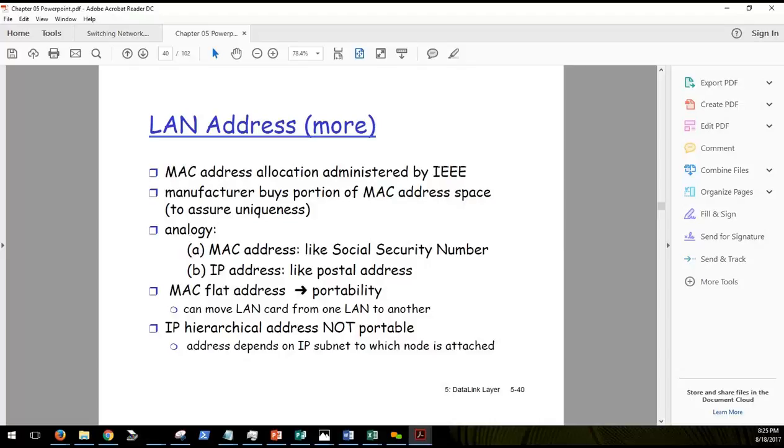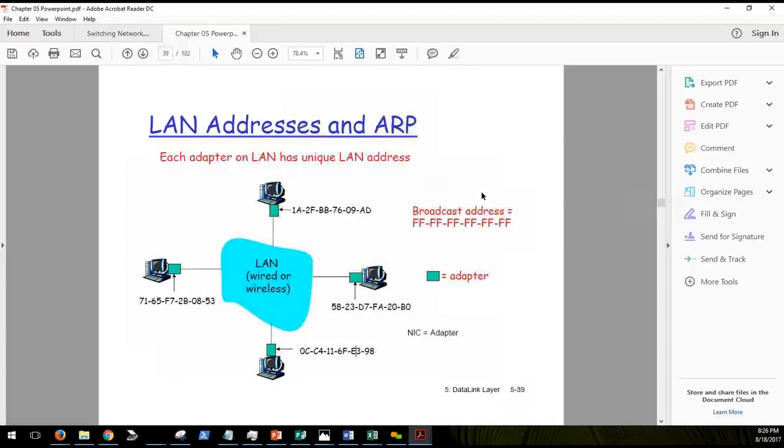The answer to the question is 24 addresses. Because remember, every adapter, every NIC gets a MAC address, or every port. So if you have 24 ports, you need 24 addresses.